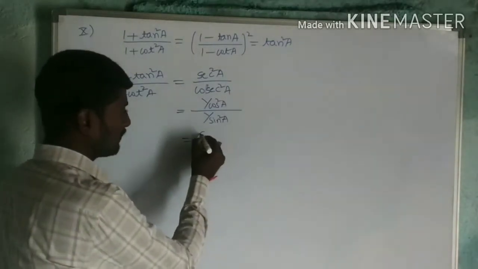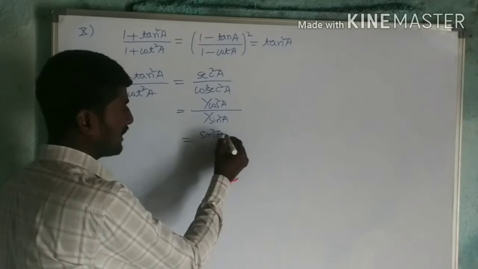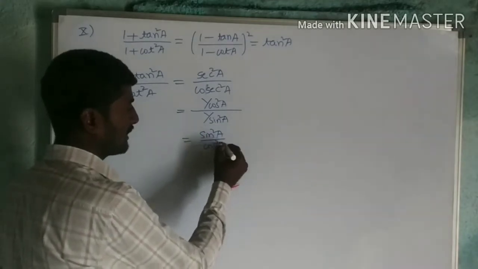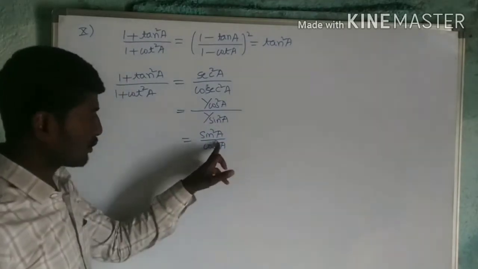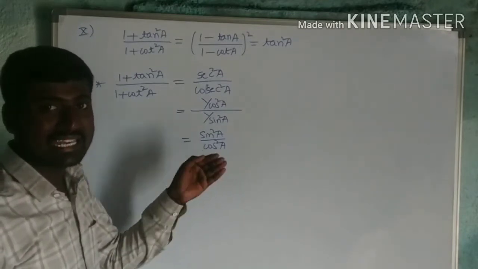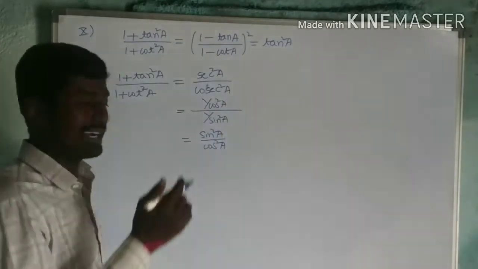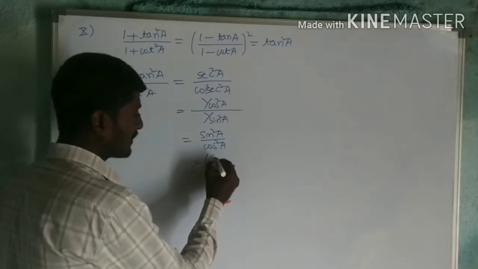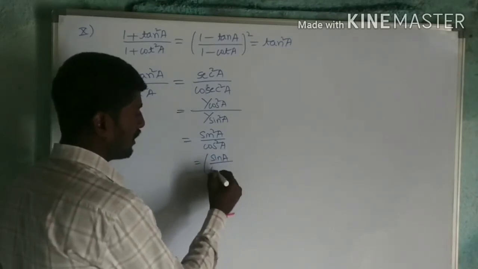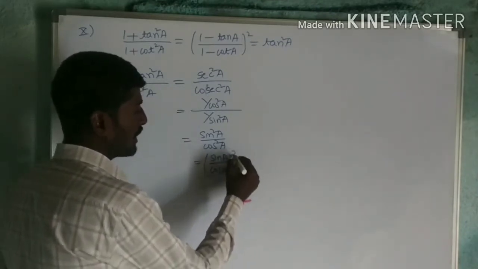Now this is equal to sin square A divided by cos square A. Here both squares are there, means sin A divided by cos A whole square.